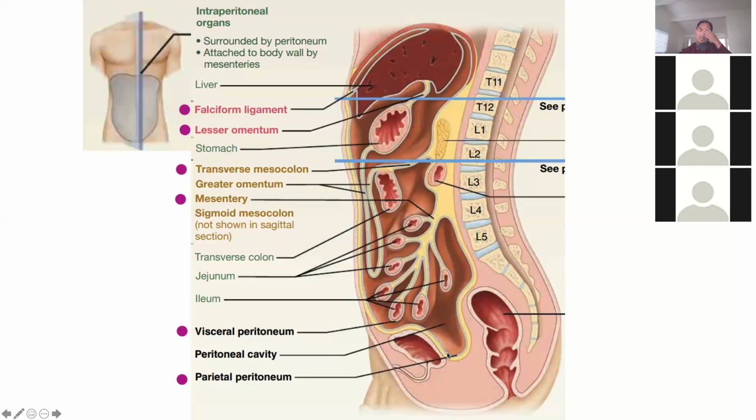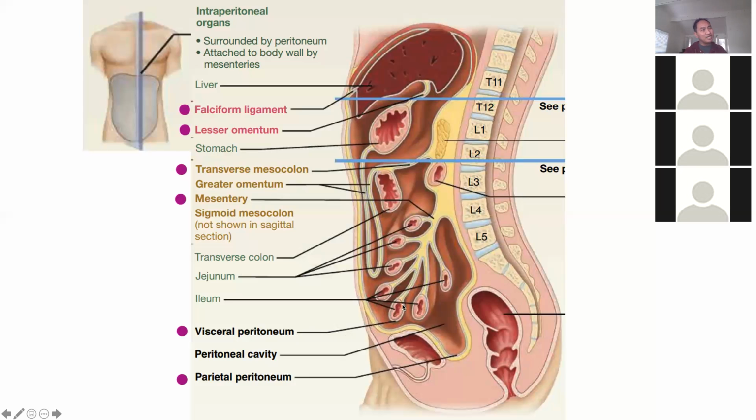So this parietal peritoneum is the peritoneum layer which covers the abdominal wall, and there is another layer of peritoneum which is, look at that, visceral peritoneum.